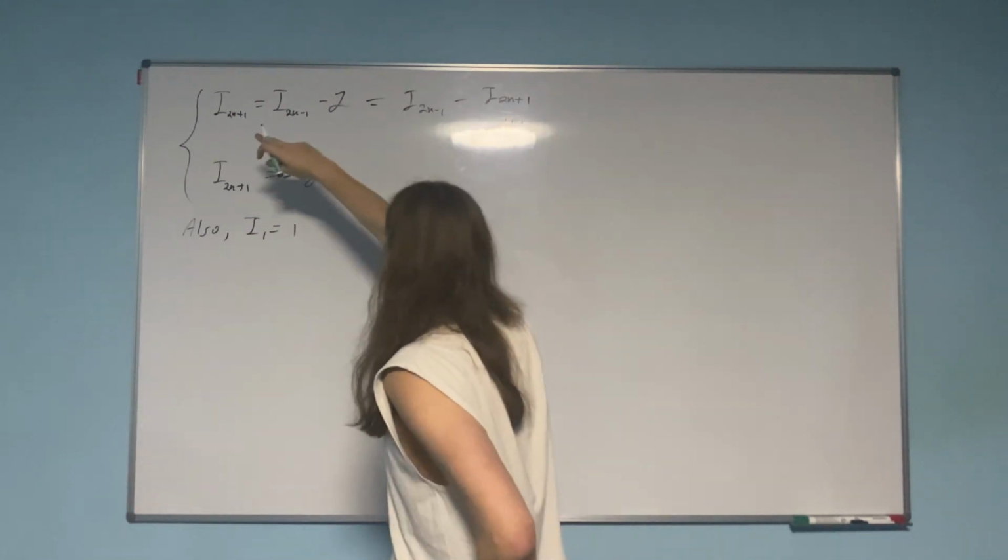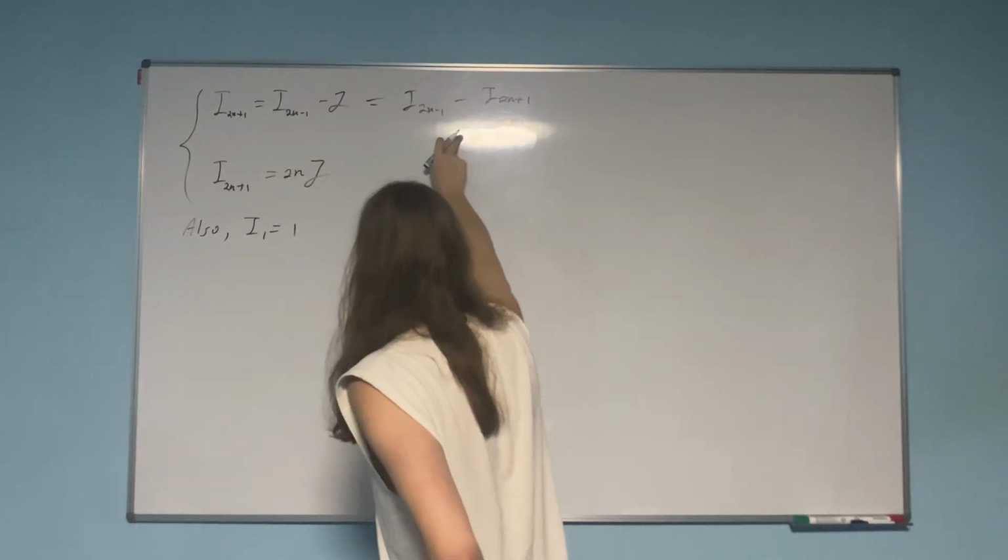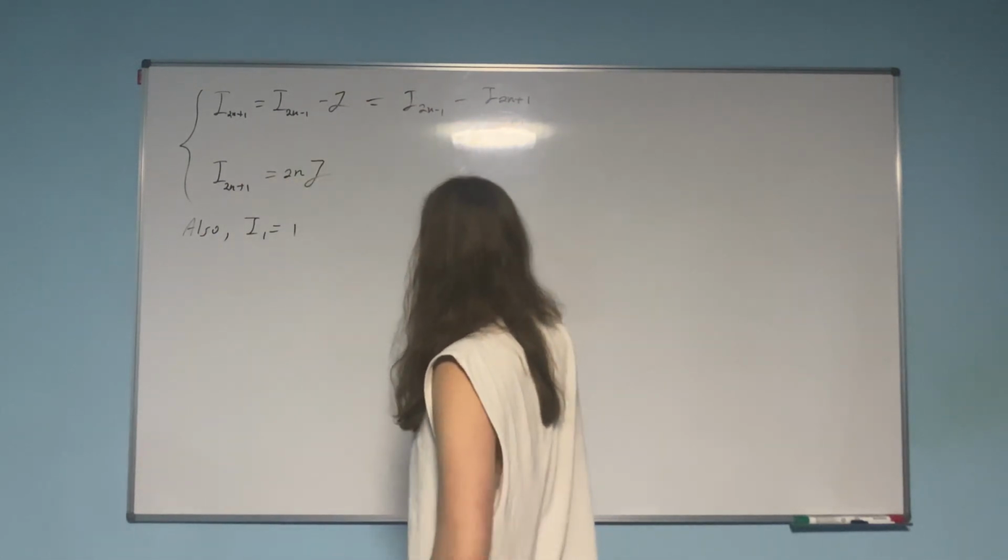Now I bring this to the left side and factor out I 2n plus 1.